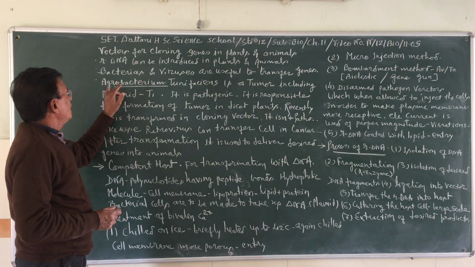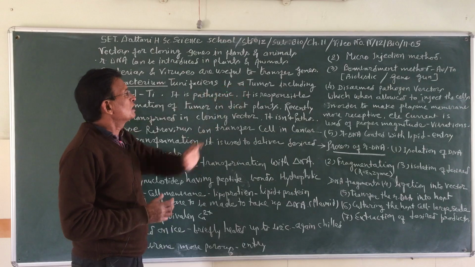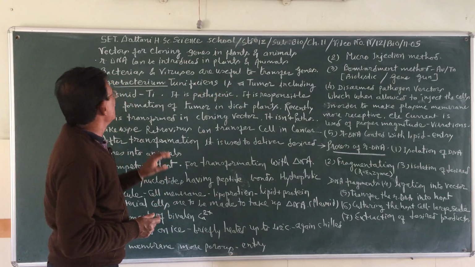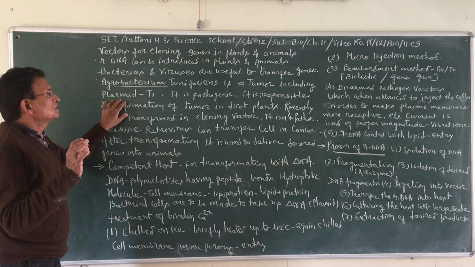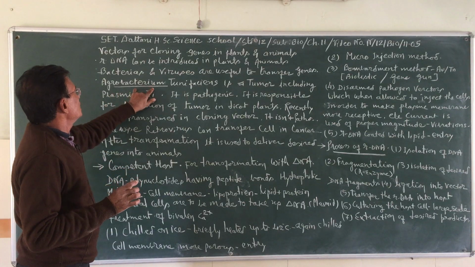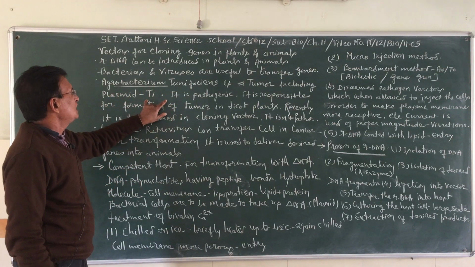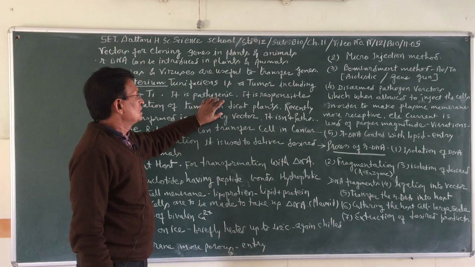For example, Agrobacterium tumefaciens is a tumor-inducing plasmid. So far as the tumor is concerned, it is due to this Agrobacterium tumefaciens. So it is called Ti. It is pathogenic.